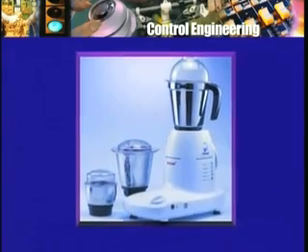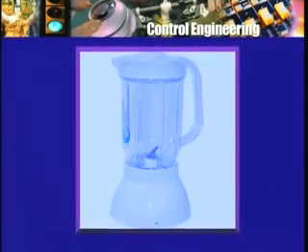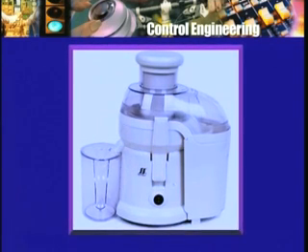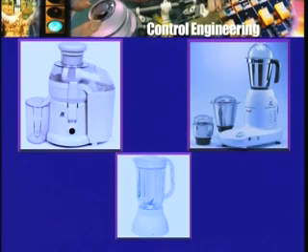Then there are other devices which involve electric motors. For example, you have mixers, blenders, things of that kind, juicers, where electric motors are being used and their speed is being controlled. Once again, usually it's not just on off, but for a mixer or a blender you may have a number of values.